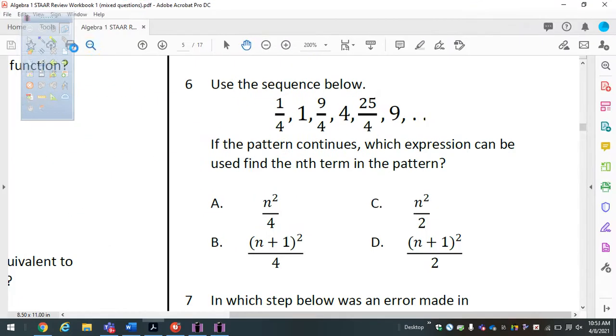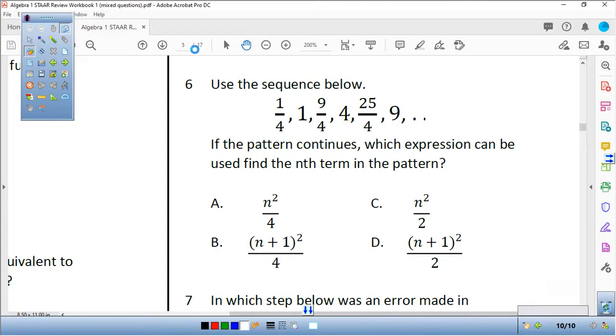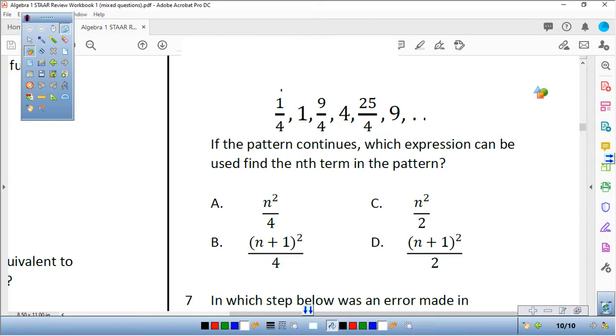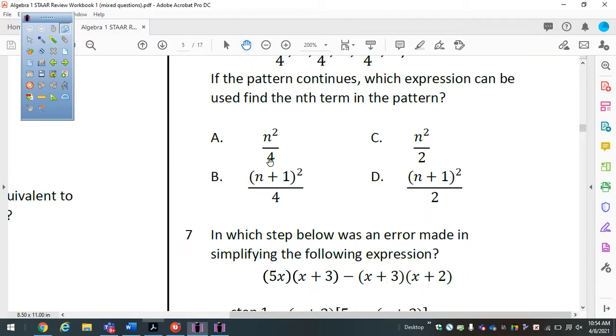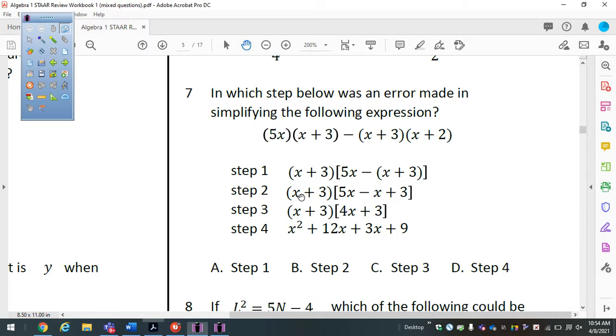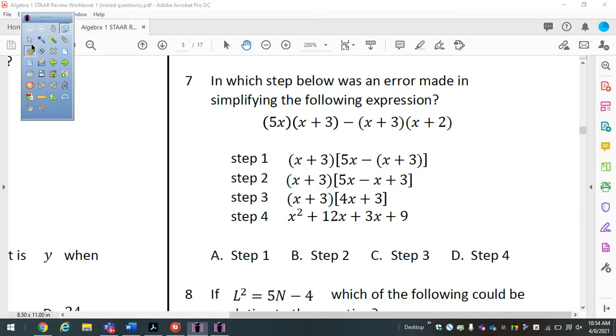This table is basically saying, in the sequence, what's my first element, first thing? Well, that's saying the first thing is x be 1. Y would give you 1/4. When x is 2, y is 1. When x is 3, we get 9/4, and so forth. Okay, it's not hard. It's just the way it's going. This is very important. You need to know the steps how to do this one.